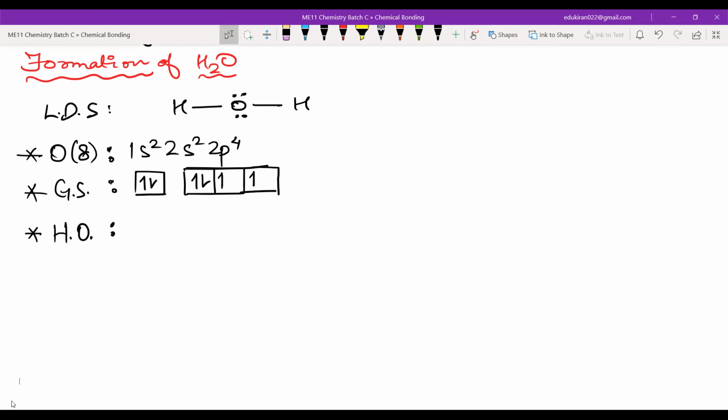To make a covalent bond, how many electrons do you need in an orbital? How many, Mariam? 2. Once again, please read the last line. 2 atomic orbitals should contain 1 each. So tell me, 1 atomic orbital should have how many electrons? 1.